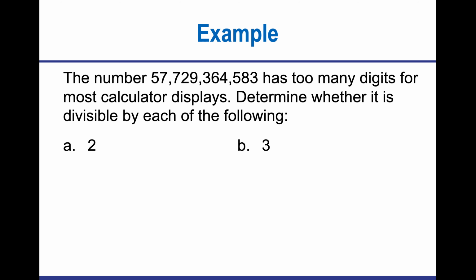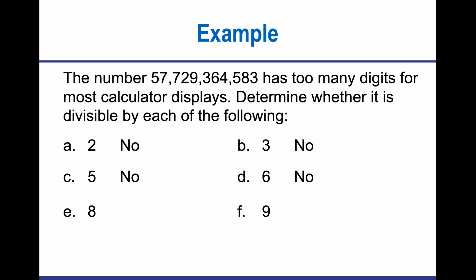If I want to know if something's divisible by 2, I'm going to ask, is the last number divisible by 2? No, it's not. If it's divisible by 3, I have to apply my divisibility rule, and it doesn't work there either. So since it's not divisible by 2 or 3, it's also not going to be divisible by 6. For 5, the units digit has to be a 0 or a 5, and it's not, so it's not divisible.